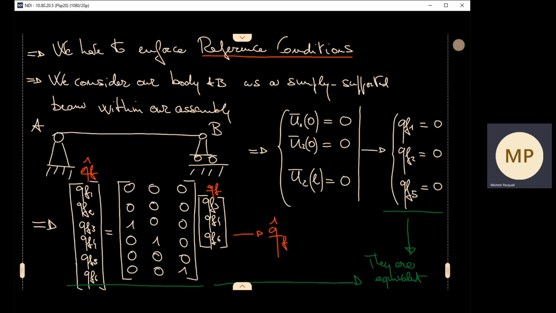So these are the variables, the generalized coordinates associated to deformation, which actually can have values different from 0. And they are related to the QF over hat with a matrix which we call N over hat applied to QF. Okay?